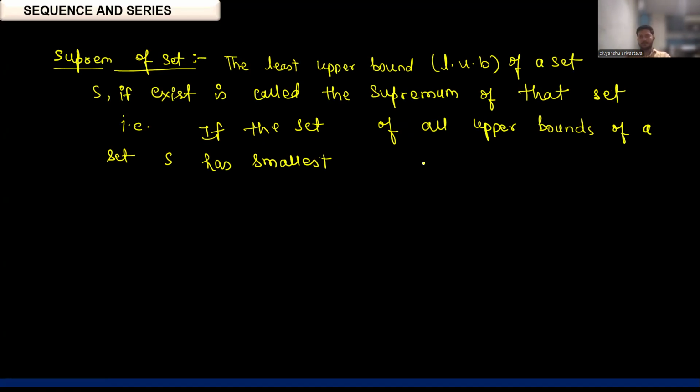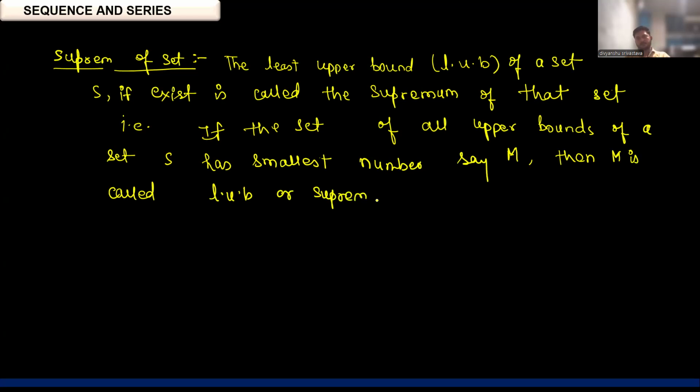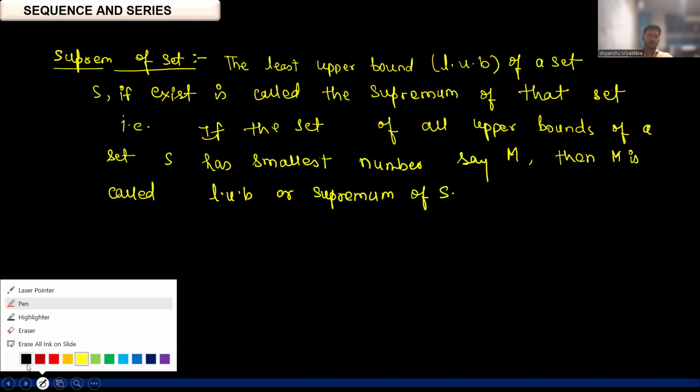That is, if the set of all upper bounds of a set S has a smallest number, say M, then M is called the least upper bound or supremum of S. Okay, and here is some note about this.